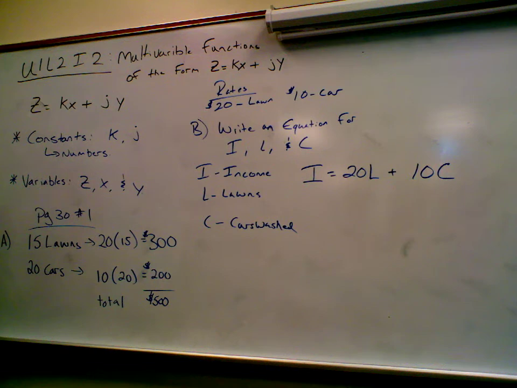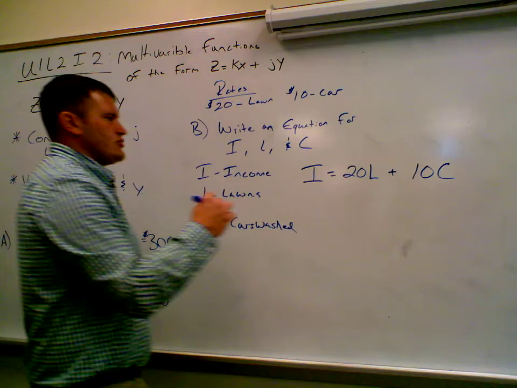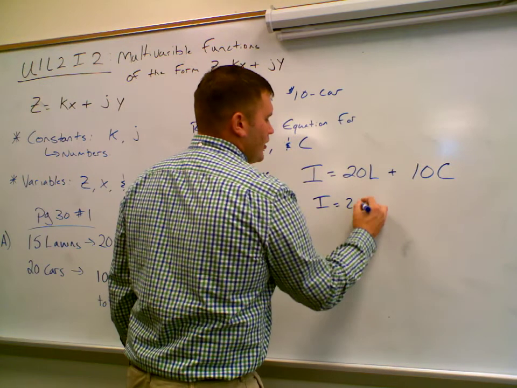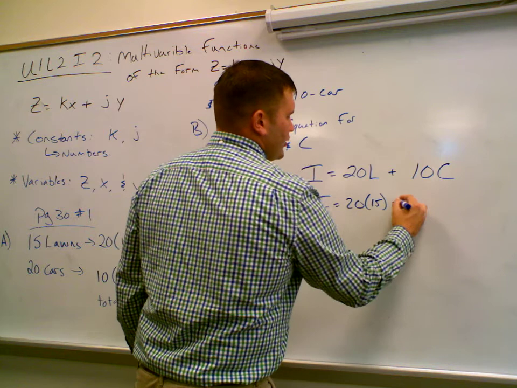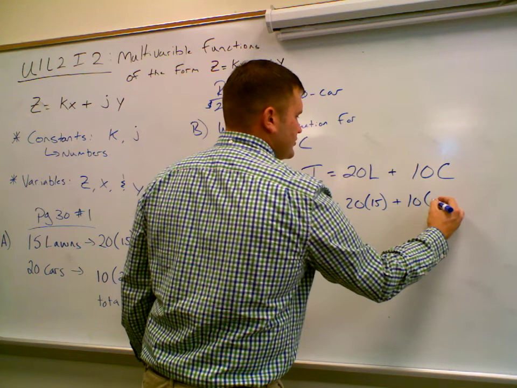Okay. Does that make sense? Let's check to make sure. Let's do what we did right here to make sure that equation works. So if he mows 15 lawns, that means 15 goes in for what? L. And the 20 goes in for what? C. Let's try it out. So I equals 20 times 15 plus 10 times 20, right?